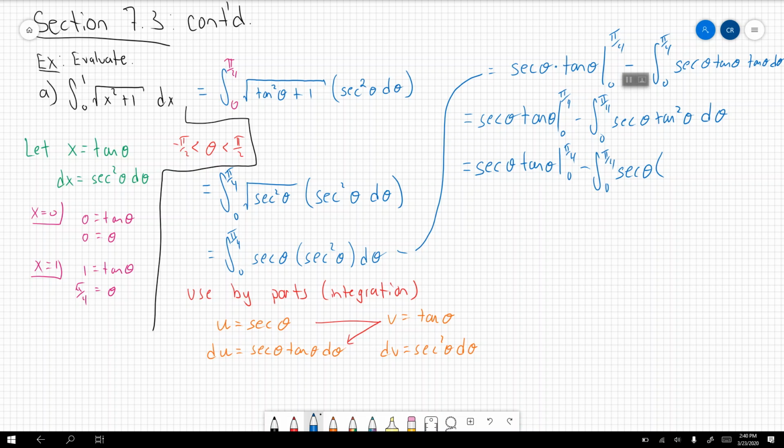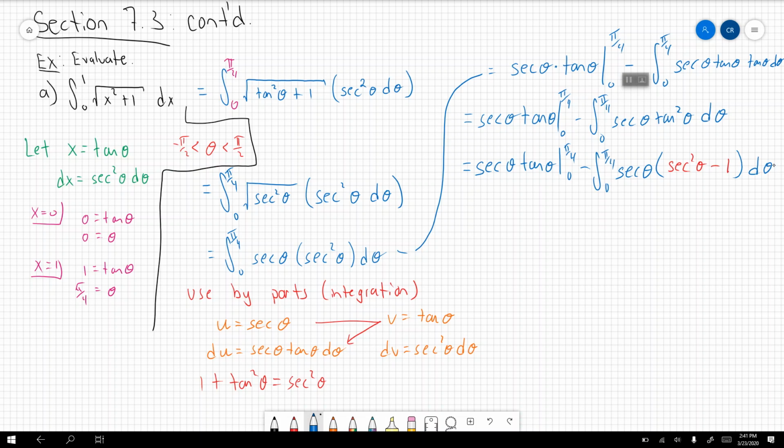If we go back to the Pythagorean identity of 1 plus tan squared theta, this is equal to secant squared theta. But tangent squared theta is equal to secant squared theta minus 1. Ooh, look at that. Doesn't that give you chills?